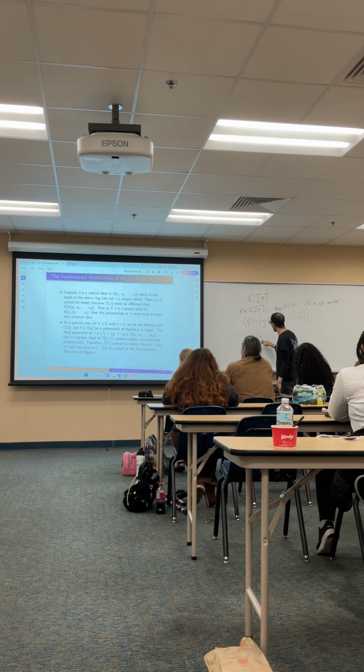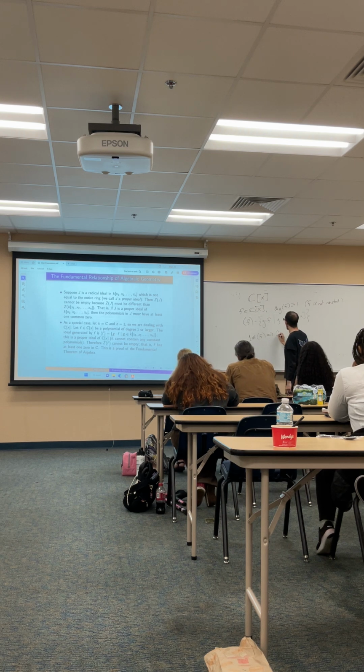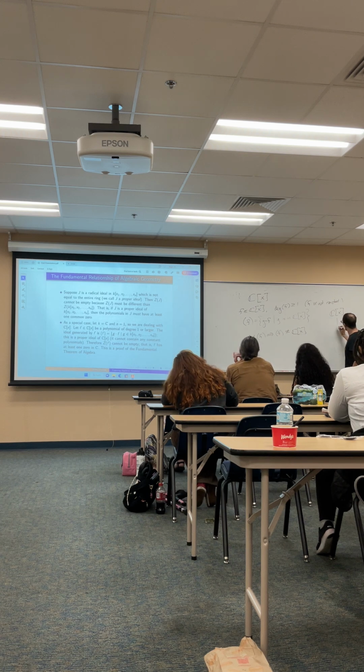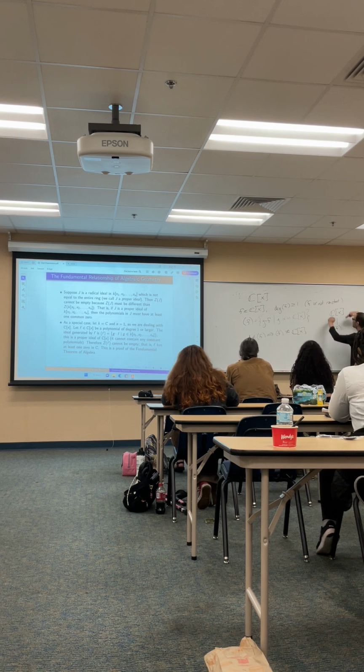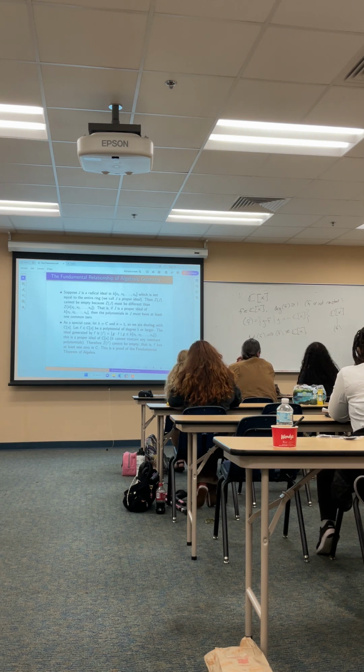So 1 is not in this set, but 1 is in the entire ring. So that means this ideal can't be the entire set, right? You have your entire set of polynomials, and you have this ideal, which must be strictly smaller. They cannot be the same thing.